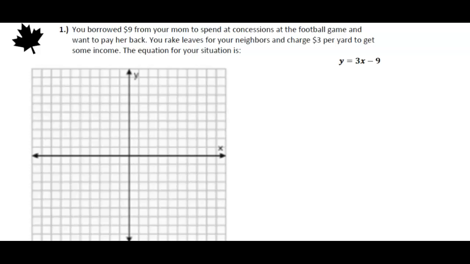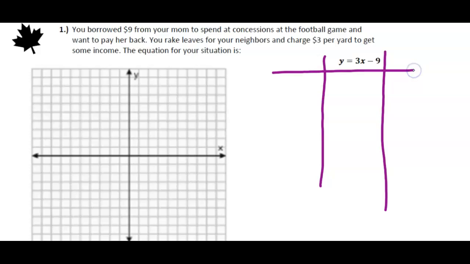To do that, we are going to make a table. Here's what I mean. We're going to make a table of values where we define what our values are. So we're going to take our x value, which happens to be the number of yards that we do.